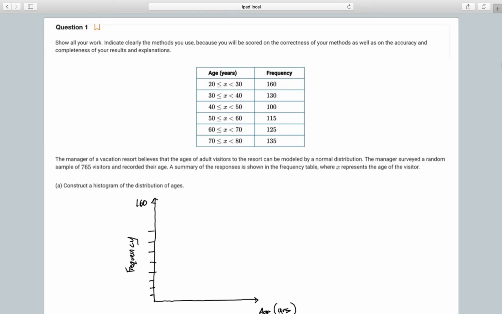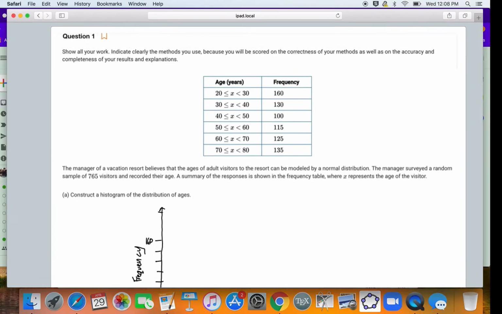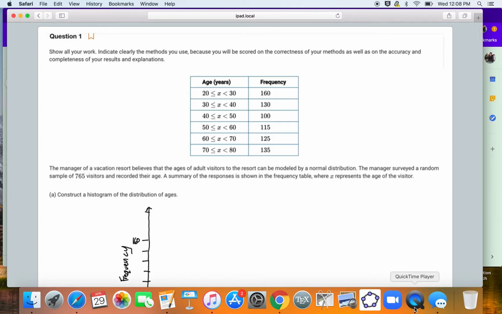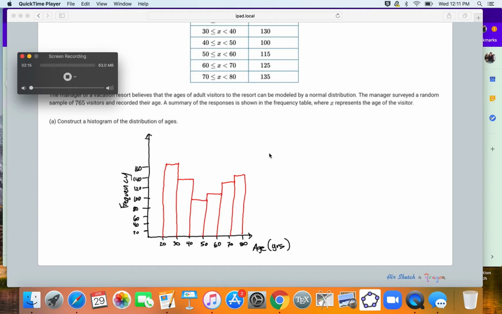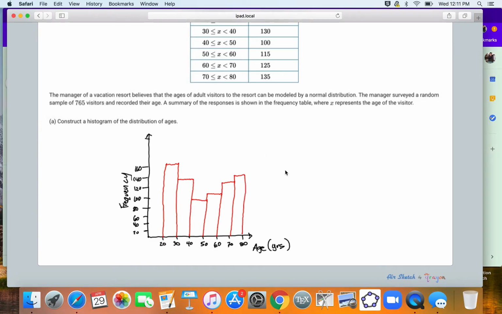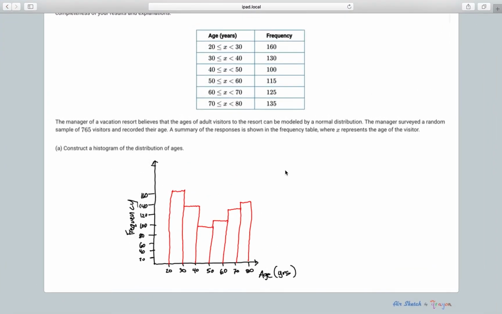So all right, I will get this done by the magic of television. All right, so there we go. Something like that should suffice. Make sure some key things are you want scale and labels.